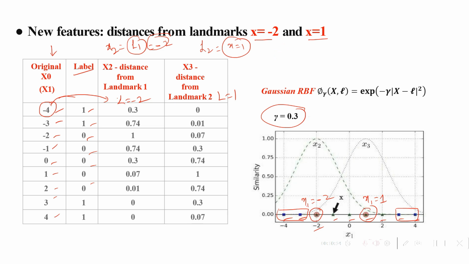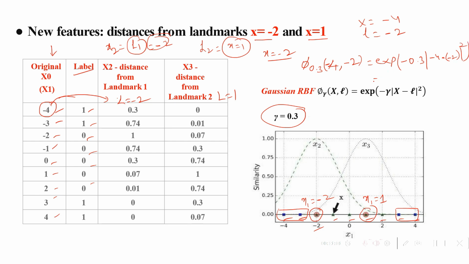With respect to landmark equal to minus 2, the first x value is minus 4. Applying phi of 0.3 with x equal to minus 4 and the landmark l equal to minus 2, that is exponential of minus gamma, that is minus 0.3, into the distance: x value minus 4 minus the landmark value minus 2, whole square.